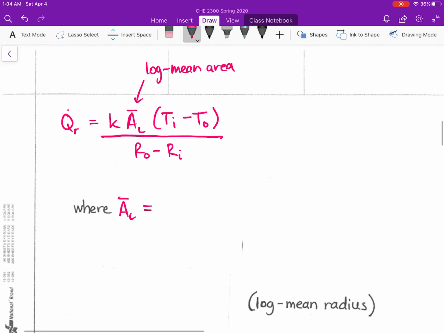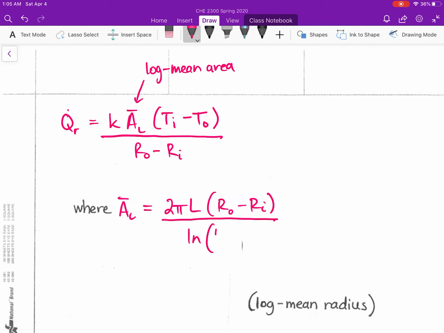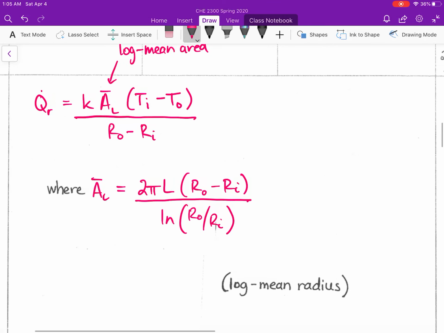Our log mean area term here is defined as 2 pi L multiplied by the difference between the outer and inner radius of the pipe, divided by the natural log of the ratio of those two quantities. We can write that in an even simpler form if we define a log mean radius.